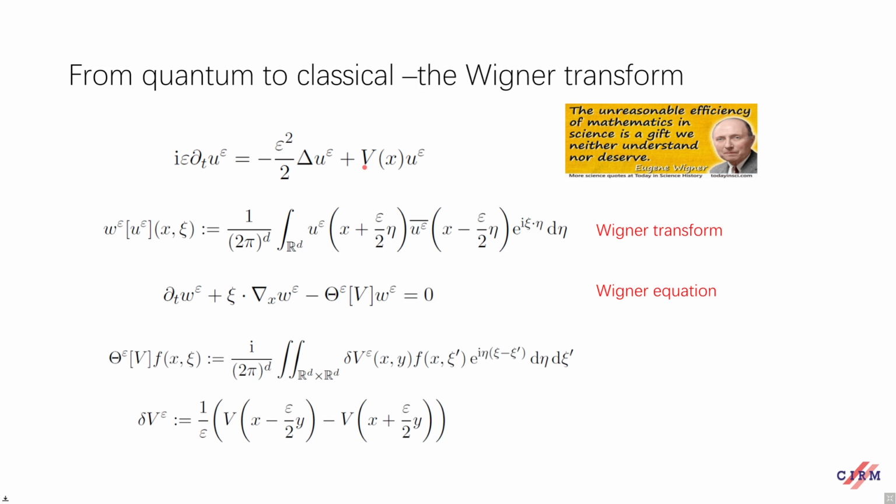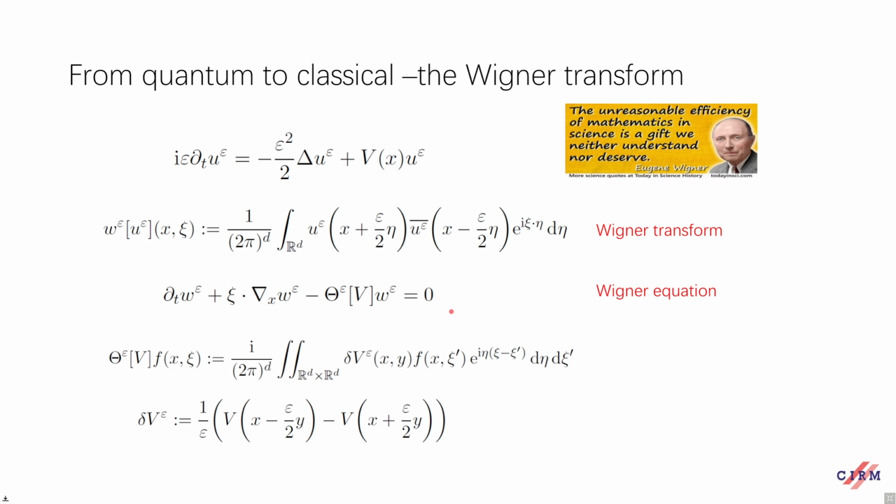Now the V term gives rise to this term theta, which is defined here and is a pseudo-differential operator. It's a kind of scattering term, where delta V is a finite difference of V at different locations. So w satisfies this closed Wigner equation.